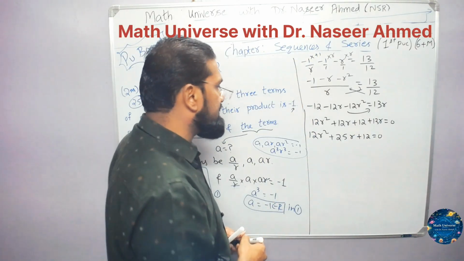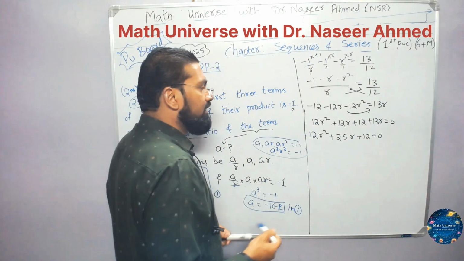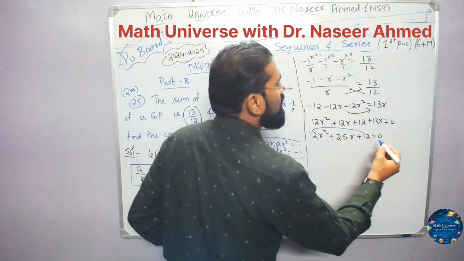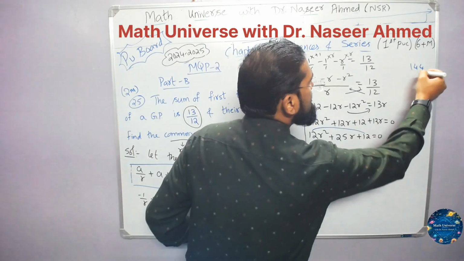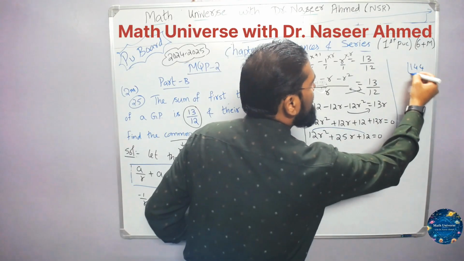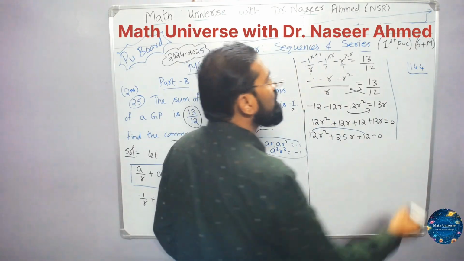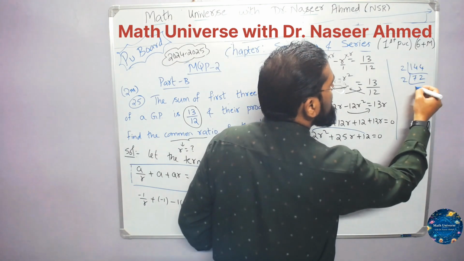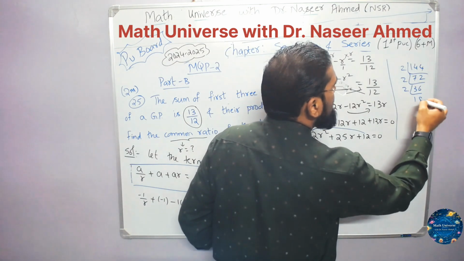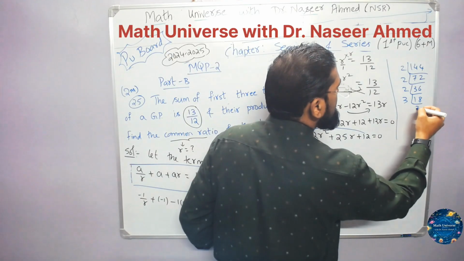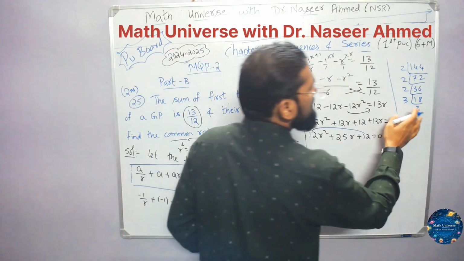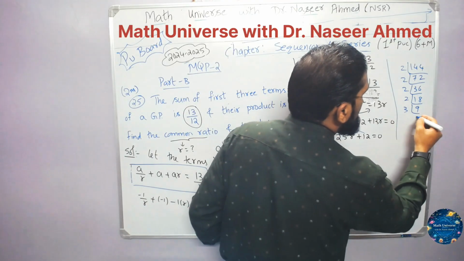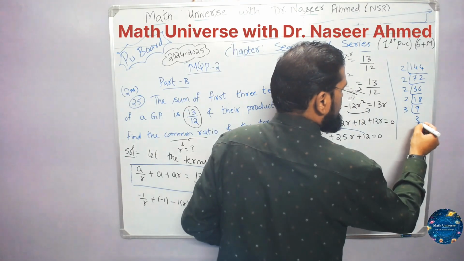We have to factorize here. Since it's a quadratic, how are we going to factorize? Multiply the r square coefficient and the constant, 12 times 12 will be 144. Let us try to get the factors here. Start dividing by the smallest prime number, that is 2. 2 72s are 144, 2 36s are 72, 2 18s are 36, 2 9s are 18, and then 3 3s are 9.